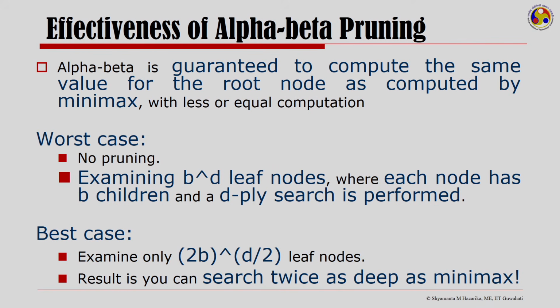So, let us say we were trying to get the first best move for a chess game, and we were looking at a depth of 7 with minimax, then with minimax with alpha beta pruning, we can at least go up to 14. That is what the double means here.